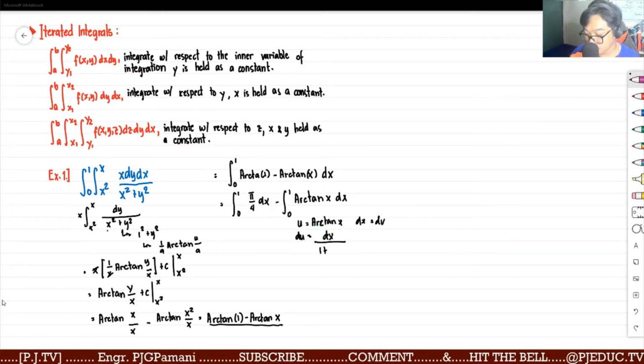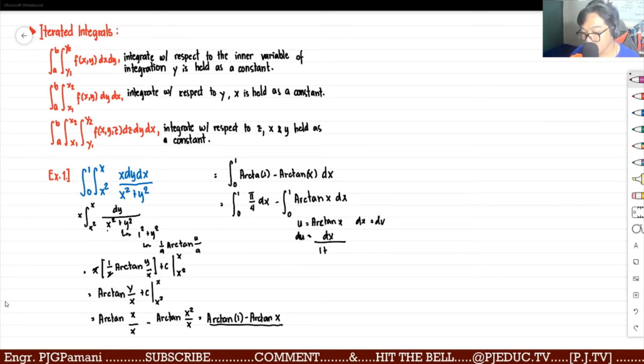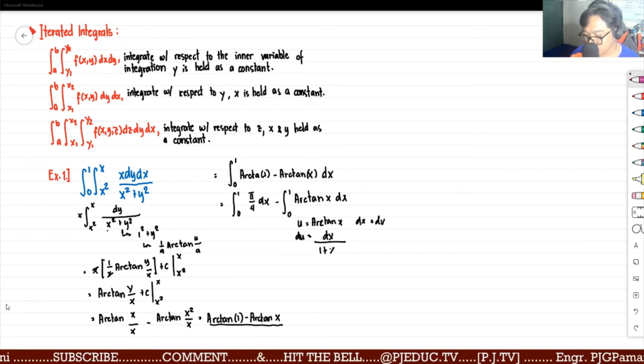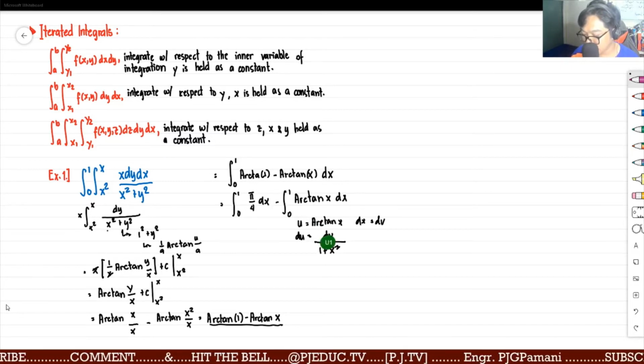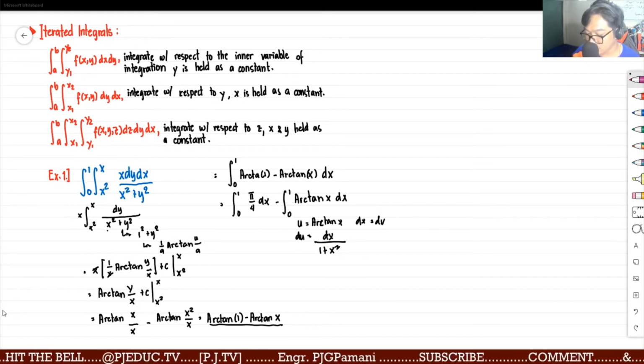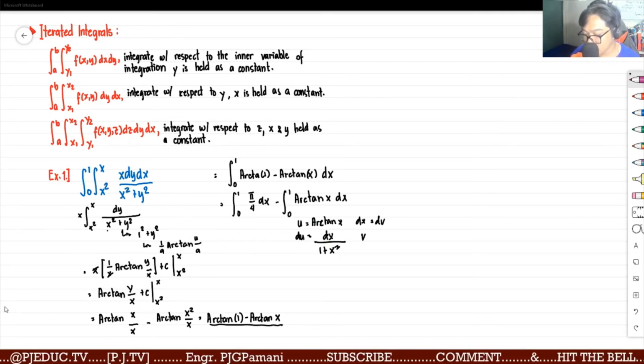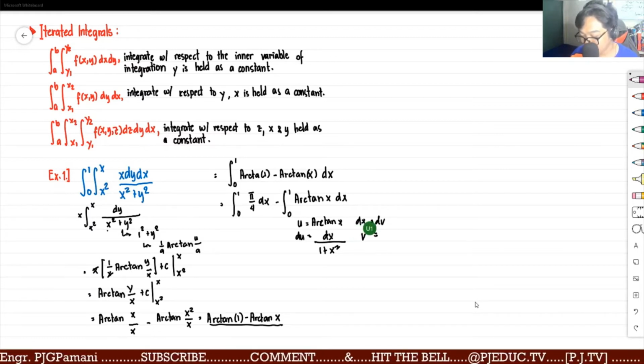Of dx is over 1 squared plus x squared. A differential of arctan x is dx over 1 plus x squared. Integral of dv, dv equal to dx is simply x.